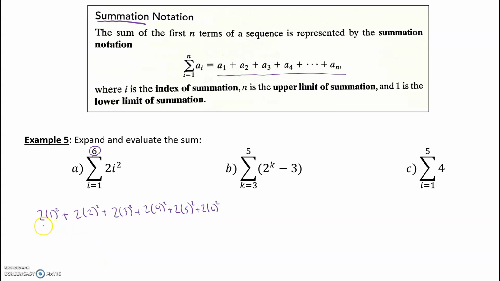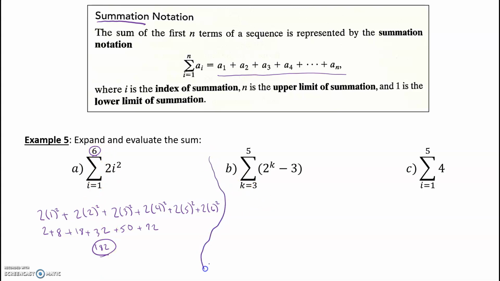So here we have 2. 2 squared is 4 times 2 is 8. We have 9 times 2 is 18. 16 times 2 is 32. 25 times 2 is 50. And 36 times 2 is 72. Add them all up, you should get 182. So this summation is 182.